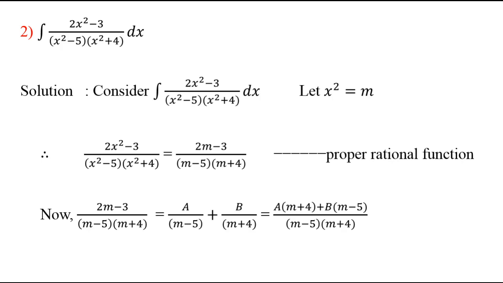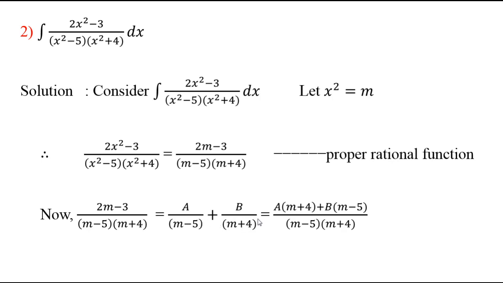Our given fraction, suppose the given fraction can be expressed as the sum of these two fractions. Now to find the values of a and b, for that let us multiply this a by this m plus 4 and this b by m minus 5.